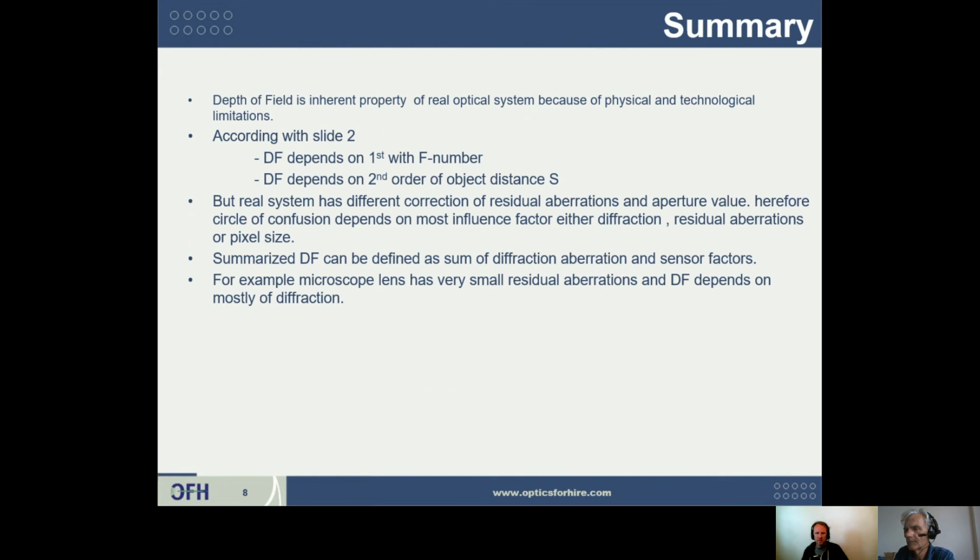But in a real system, there are aberrations, aperture values, pixel sizes, all of which have to be taken into account when you're determining what depth of field is achievable. So for every application, there's a different need for depth of field. And as I said at the beginning, sometimes a small depth of field is desired, sometimes it's bigger. But you can see the balance of these different optical properties defining what is possible or isn't possible.